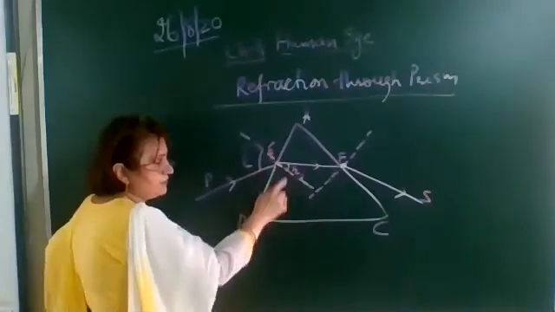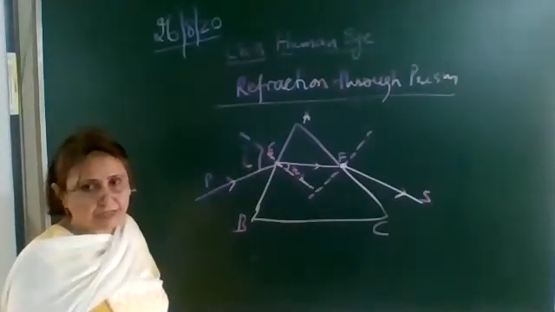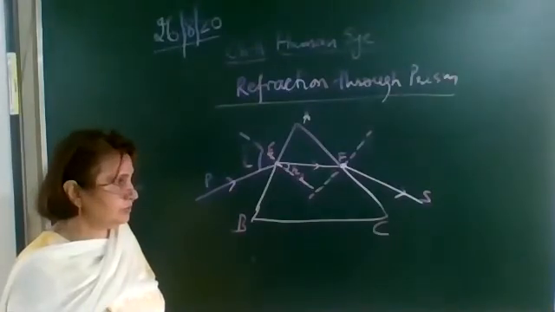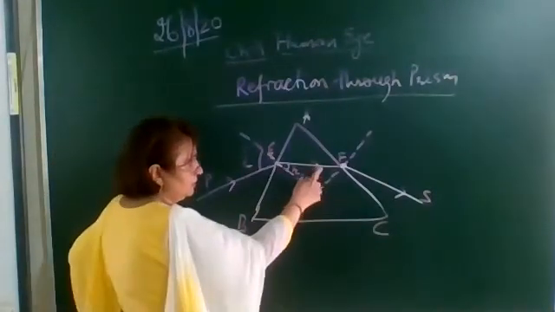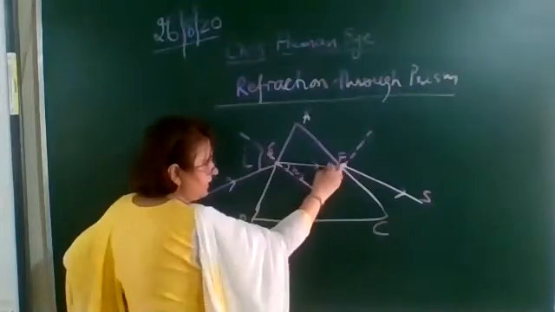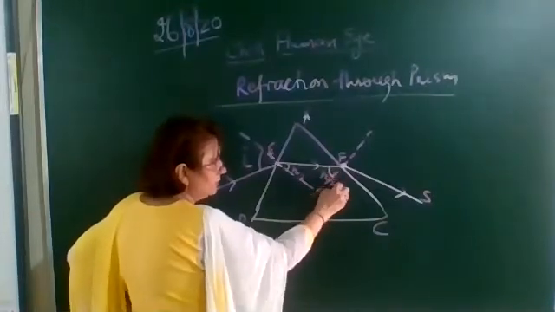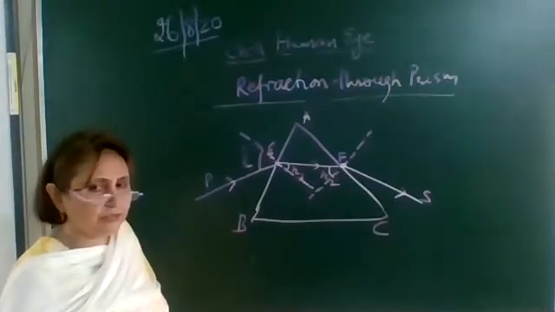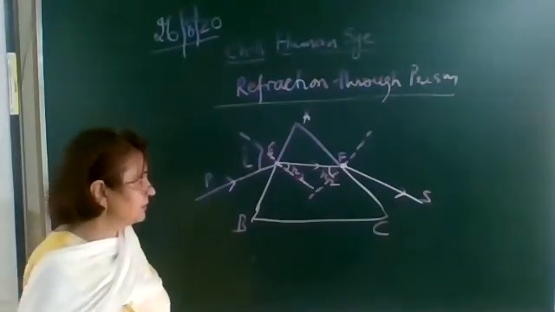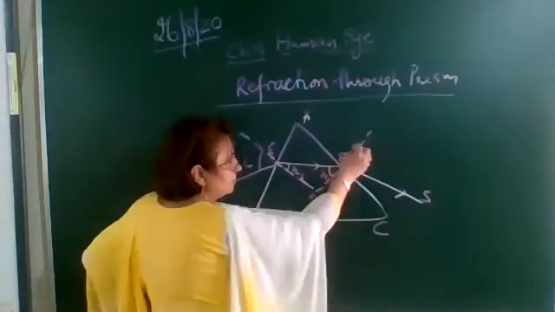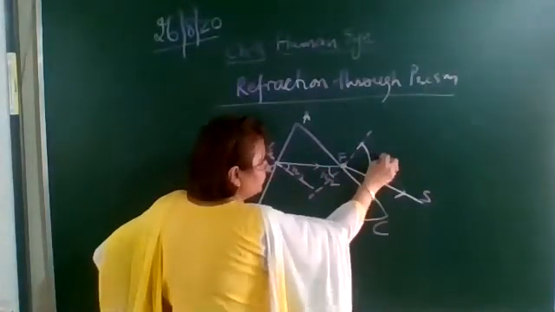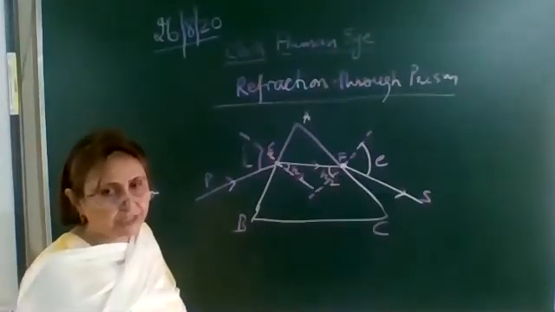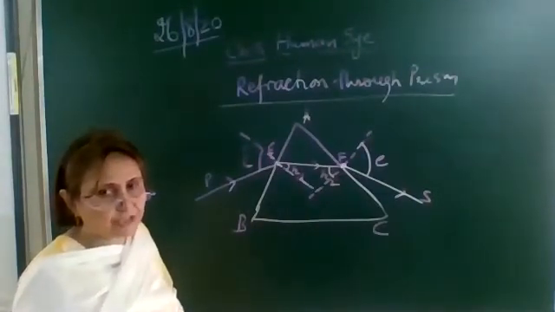Between the refracted ray and the normal, write it as R1, angle of refraction. Between the refracted ray and the other normal, write it as R2. This also we call angle of refraction. Between the emergent ray and the normal, write it as angle E, called the angle of emergence.